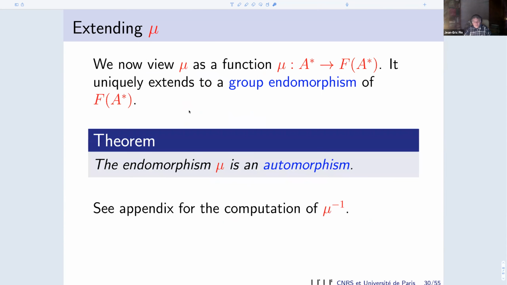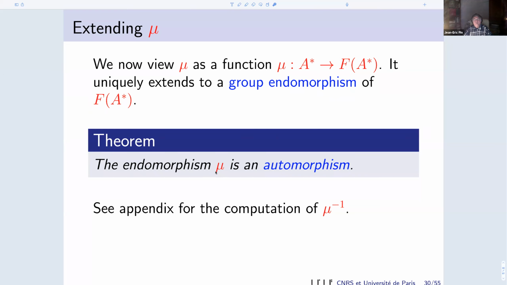You remember there was this Newton bijection. We would like to extend the Newton bijection, and the first step to this is to observe, which is a non-trivial fact, that if you view mu as a function from A star to the free group over A star, it uniquely extends to a group endomorphism of the free group of A star.